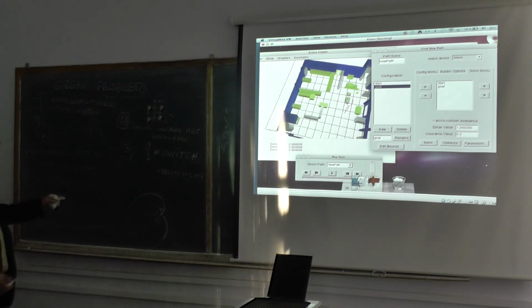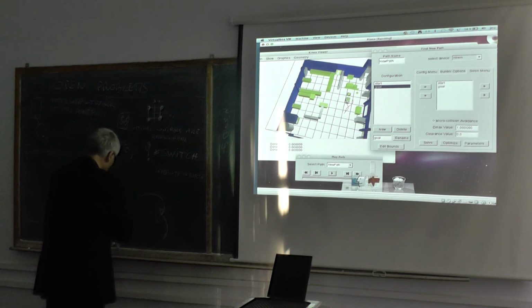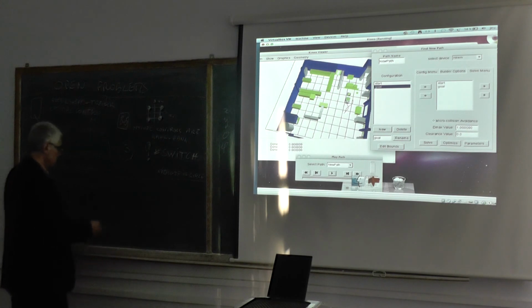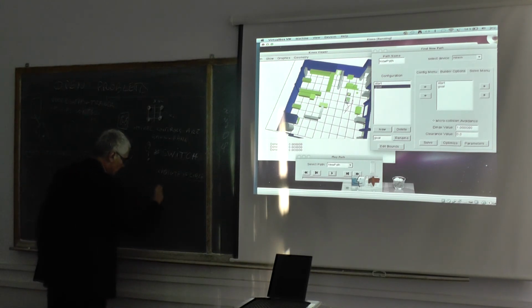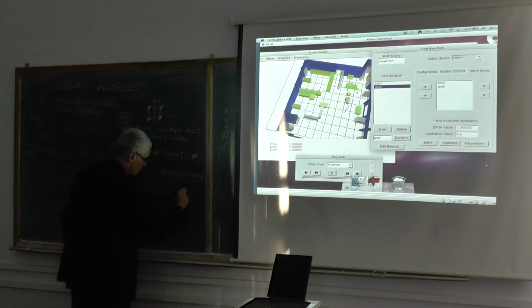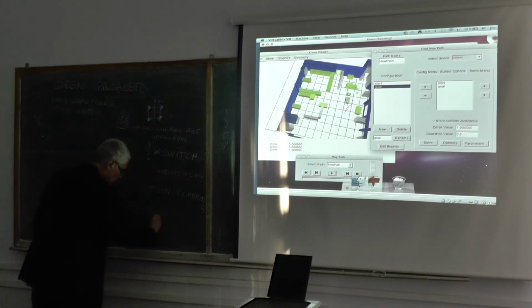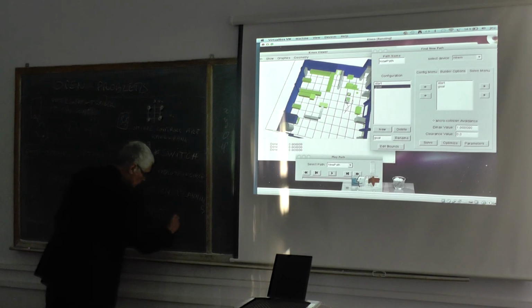Then this is the third problem. And the very last one is motion planning with collision avoidance for not small time controllable systems.